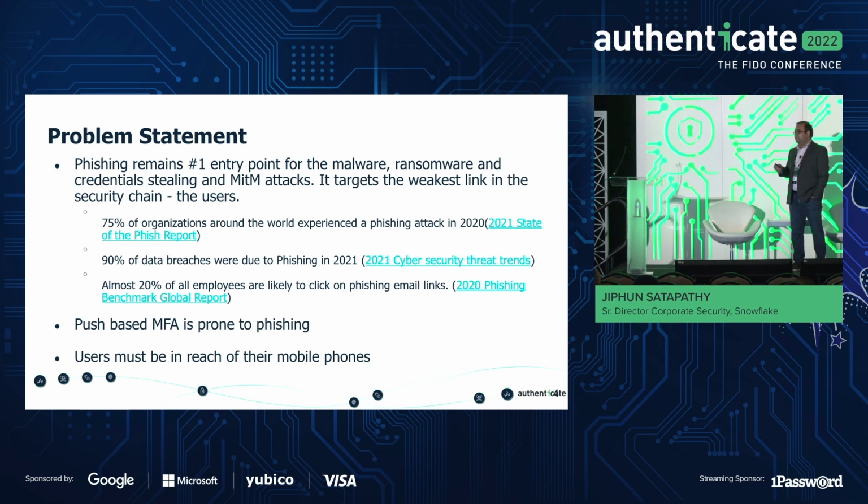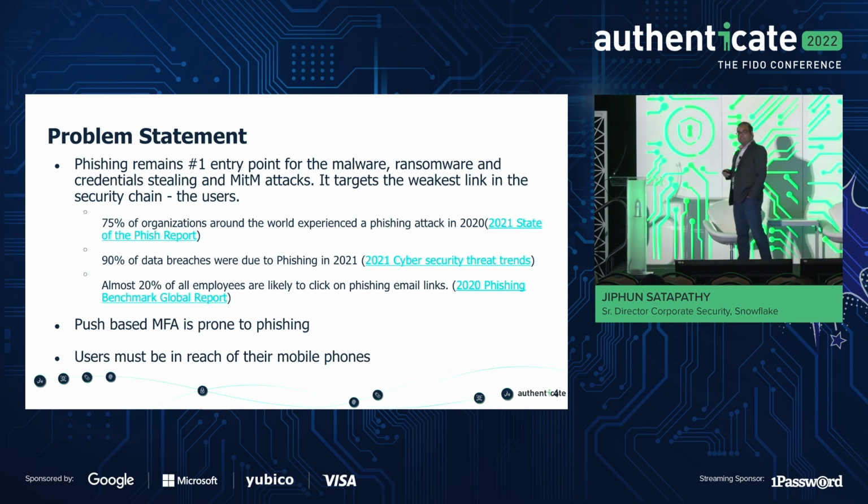We expect people to have that secondary device available to do push notification. Anytime people change their phone or get a new phone, we get IT tickets on that. So one of the advantages of going FIDO2 was also reducing the number of tickets our IT support was getting, because there is no dependency on the secondary device anymore. You can use your primary device to complete that MFA as part of the auth mechanism.